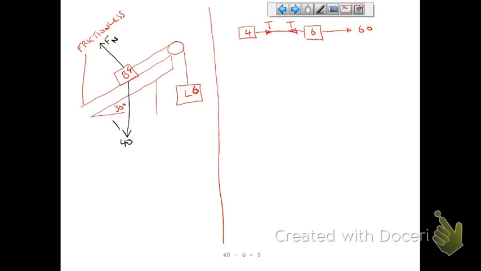That 40 newtons will give me a backwards component, and this is going to be 40 sine 30.